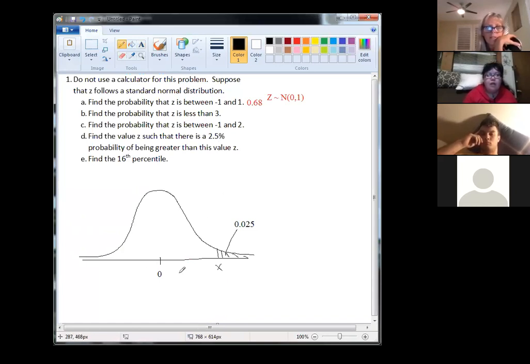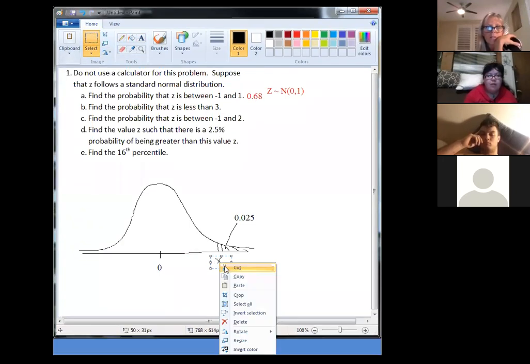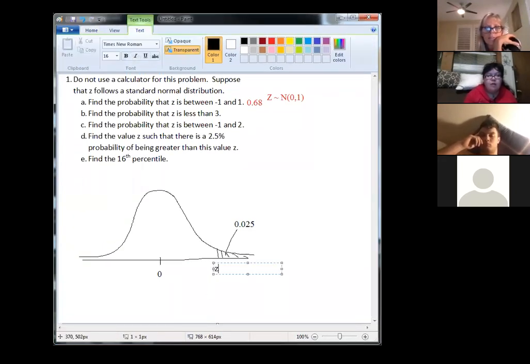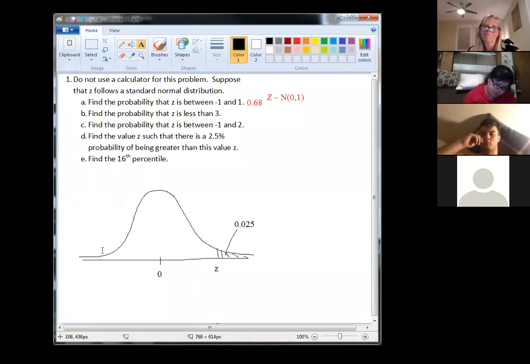Okay, but we want to find out what is Z. I guess I called it X, I should call it Z, so let me fix that. Let's write a Z in there instead. So the key on this, just like we did before, is I'm going to draw the symmetric diagram. So over on this side, symmetrical, as best I can, that is going to be negative Z.